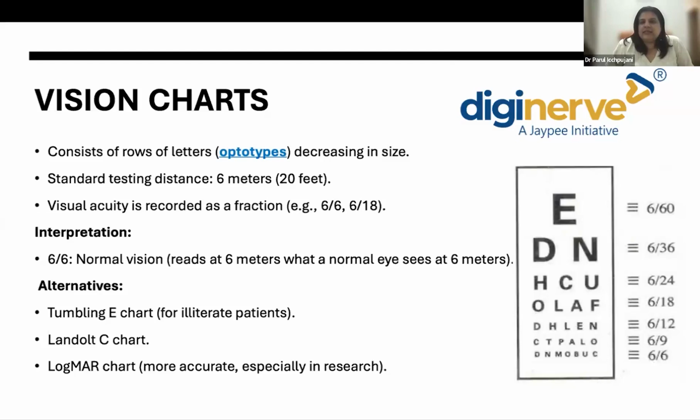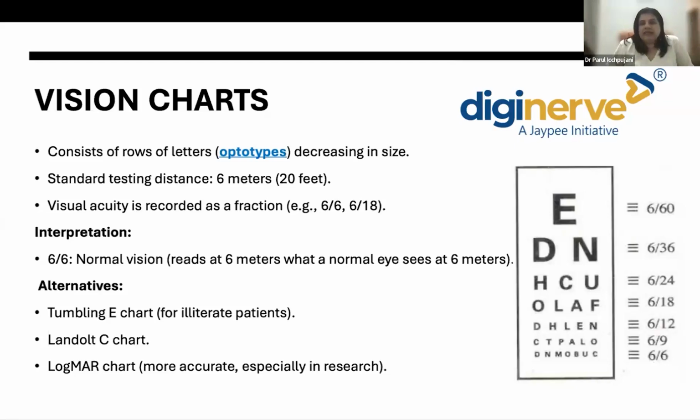So 6/6, 6/12, 6/18, each lesser than its predecessor. 6/6 means this person can read at 6 meters what a normal eye sees at 6 meters. 6/12 would mean this person can read at 6 meters what a normal eye would have read at 12 meters.